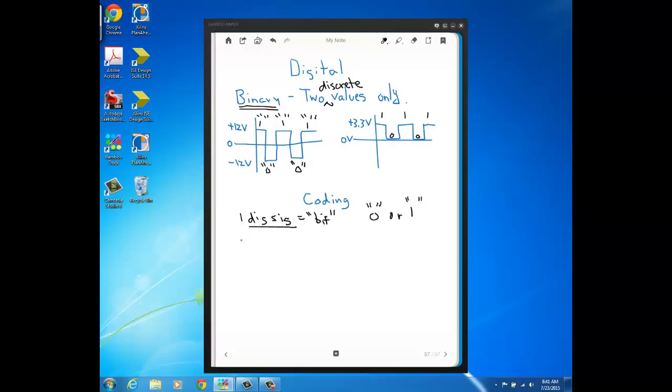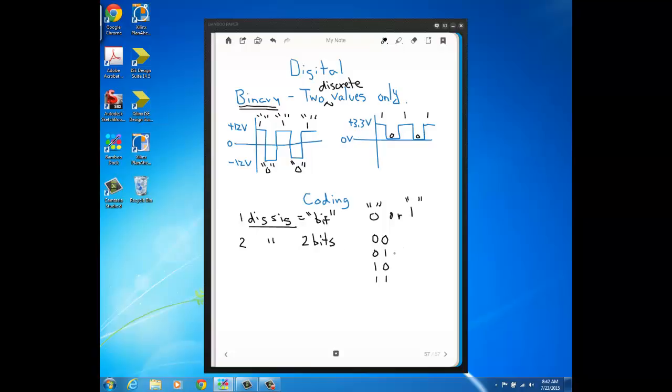Okay, but now if I have two digital signals, so 2 bits, well, with 2 bits I could represent more than just two values, because both those bits, both those signals could be 0 at the same time, or one of the bits could be 0, say this one, and the other bit 1, or this bit could be 1 and this bit could be 0 at the same time, or both bits, both digital signals could be 1 at the same time.